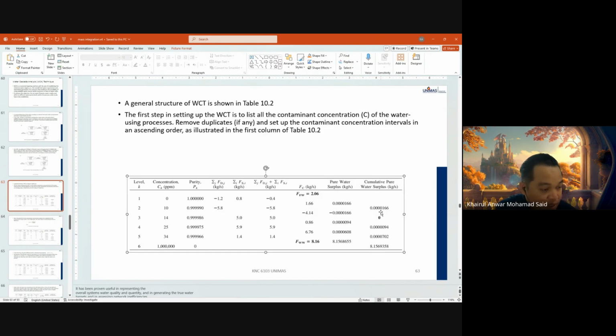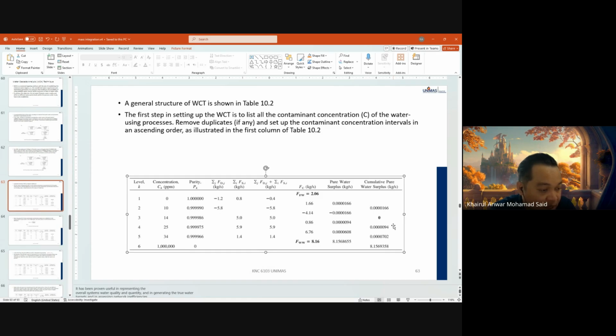So we eliminate the largest negative deficit. Among the many negative values here, we find the largest negative deficit and use that value as the baseline of how much fresh water we should add into the system to avoid the cumulative water surplus being negative.